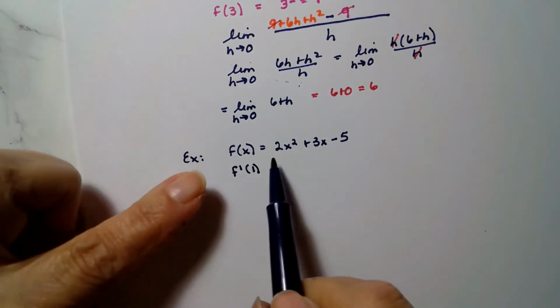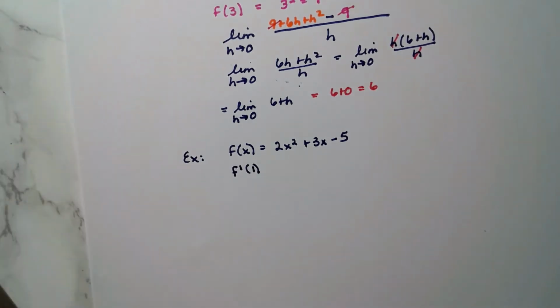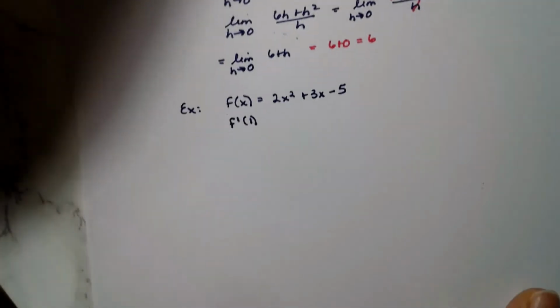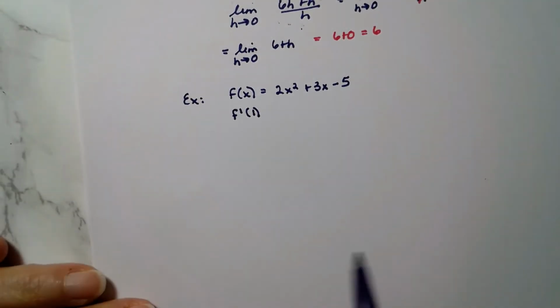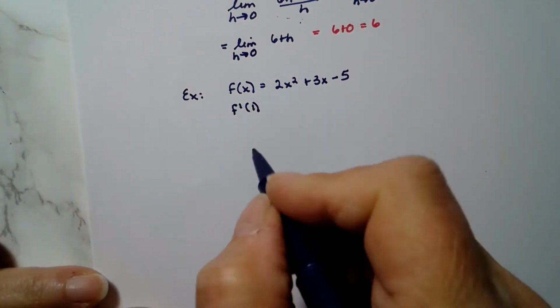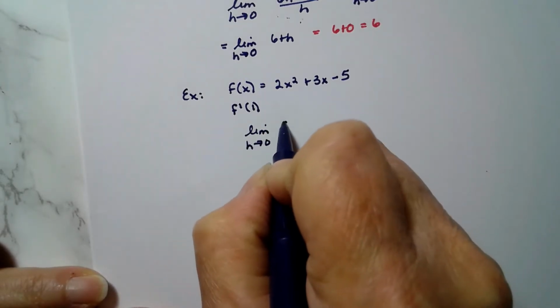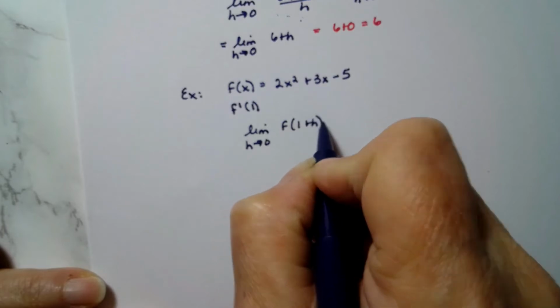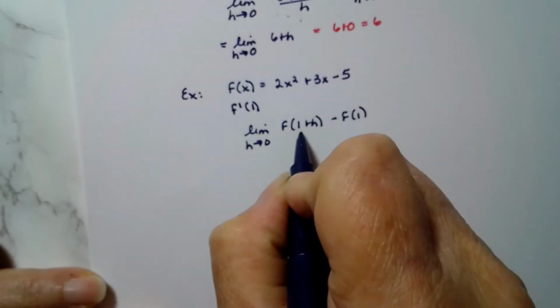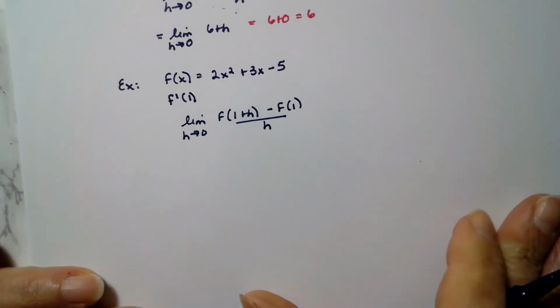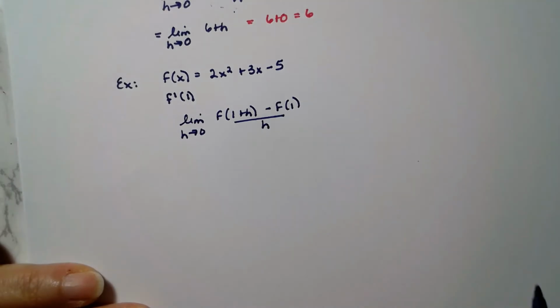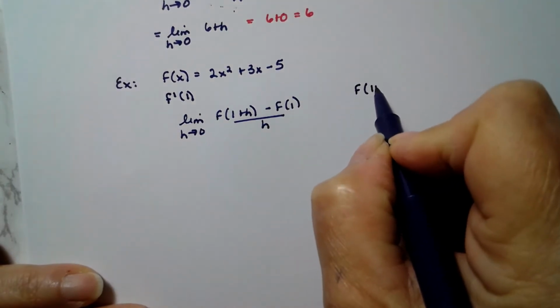So the first thing I have to do is find the derivative of this thing. And, well, sorry, no I don't. So my a is 1. So I'm going to have the limit as h approaches 0 of f of 1 plus h minus f of 1 all over h. Now over to the side, I'm going to compute f of 1 plus h.